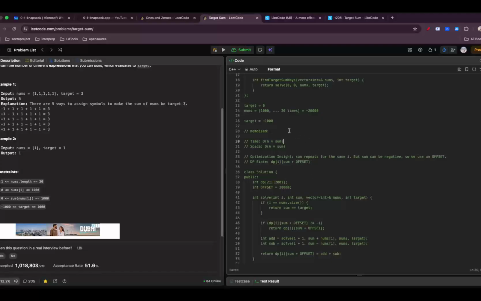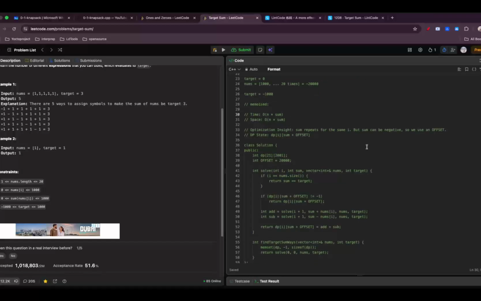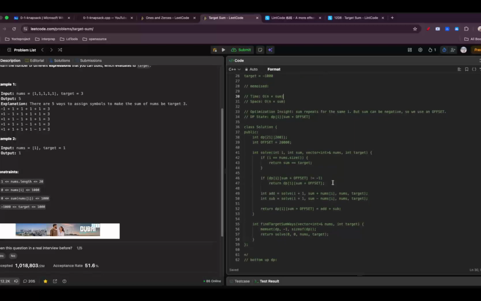Ma'am, won't it take much memory though because you have an array of that size? Yeah, the memory thing is fine, but we are having this much only. Anyhow, what we are doing here is 20.